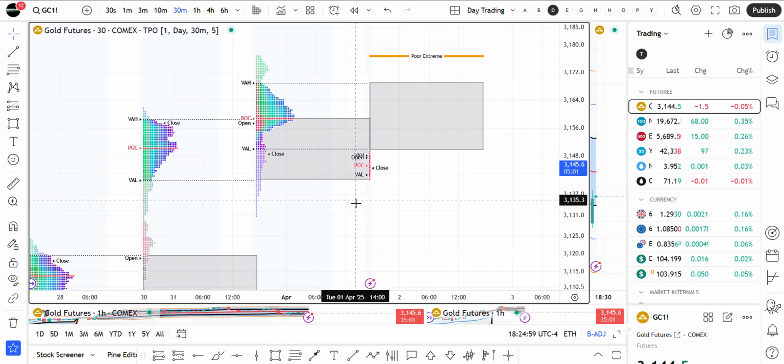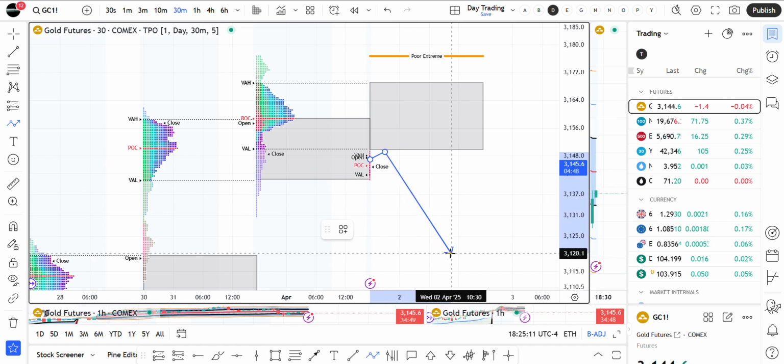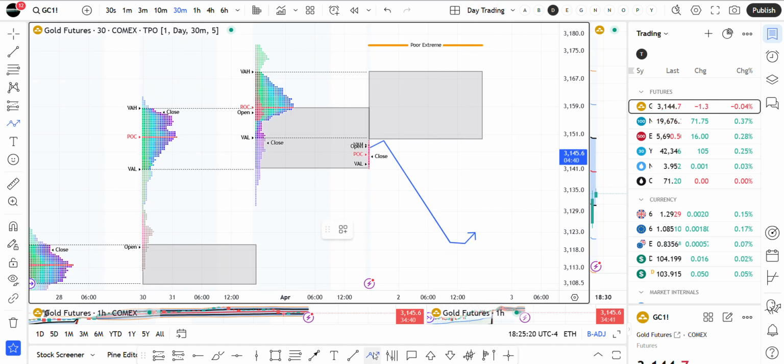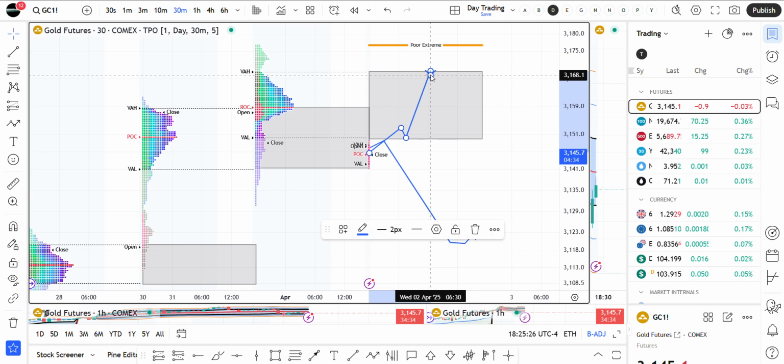Okay, so ideas. I think there's only two ideas here. There's the open, push up, and then come down to this value area. Okay, second idea would be push up through, bounce, and then go to the other end of the range.